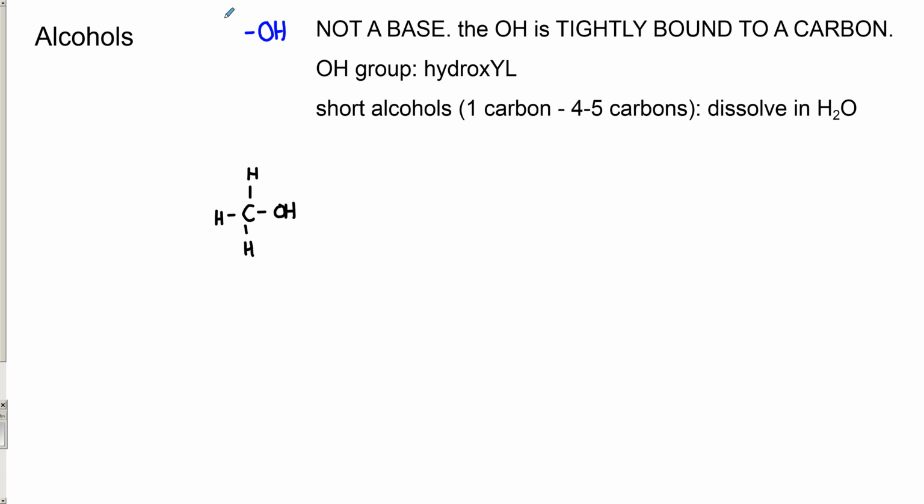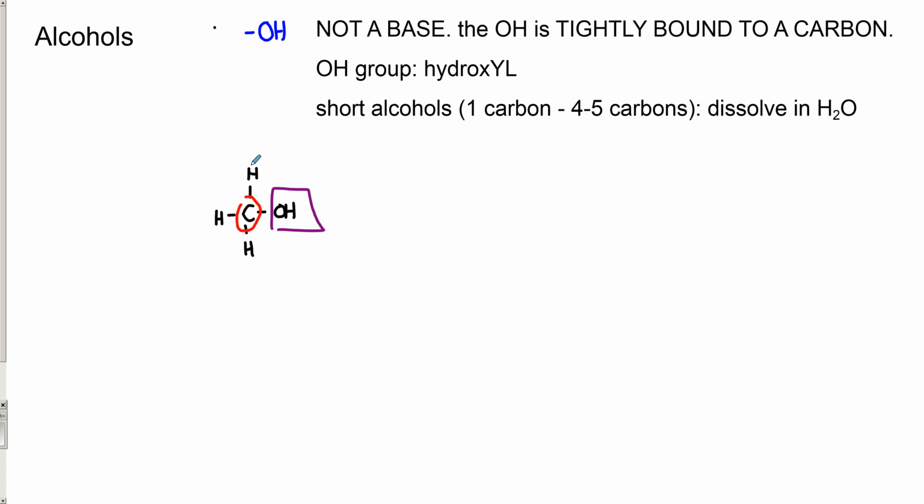So we're seeing a pattern of these. It's always going to be a carbon with a whole bunch of hydrogens and then something interesting, something that's not just a hydrogen, stuck on there. So obviously there's our main chain, as silly as it is to call it that. Here's our hydroxyl group.